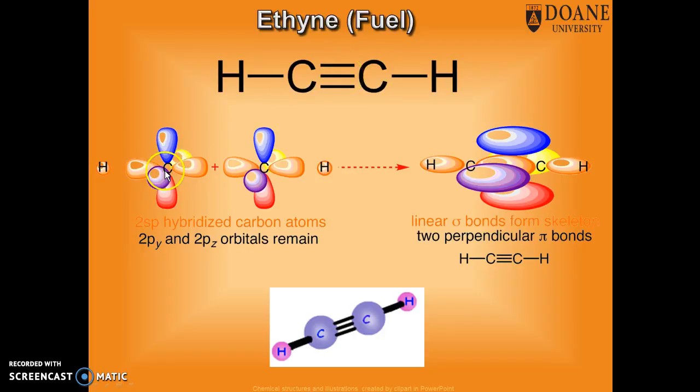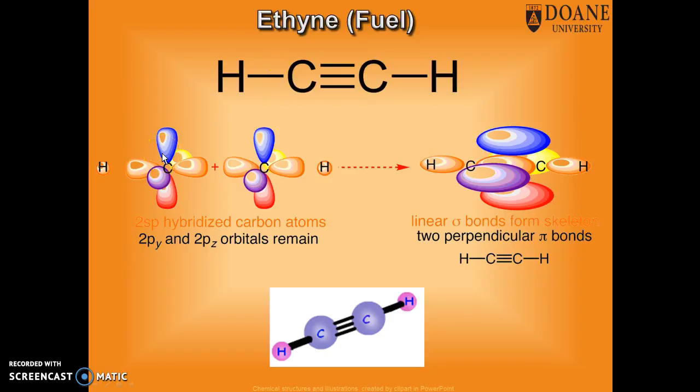Looking at this diagram, here's your carbon representing this carbon, and here's that carbon representing that carbon. The orange spheres here are the sp hybrids. These come together now to make the sigma bond between the carbon and the carbon. Hydrogens again in the s orbital coming in together, making the sigma bond to the carbons, which are right here, these two.